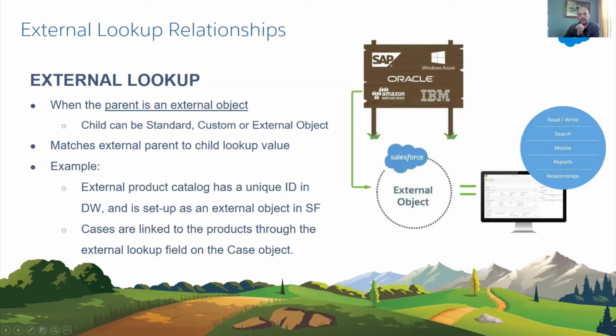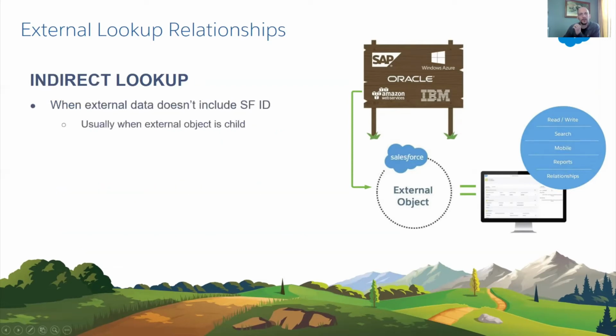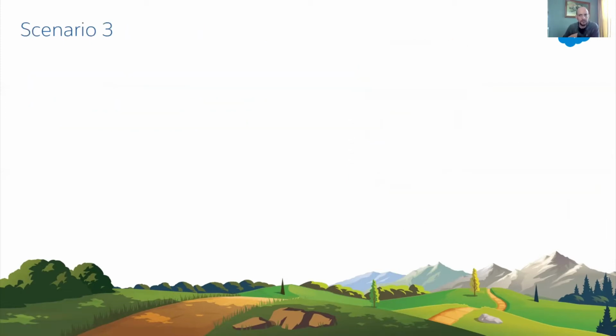Does that make sense? So for the indirect lookup, it's when we are not using that Salesforce ID, and usually when the external object is a child. There are other circumstances where that's not the case, but that's really the easiest way that I've found to keep those straight.